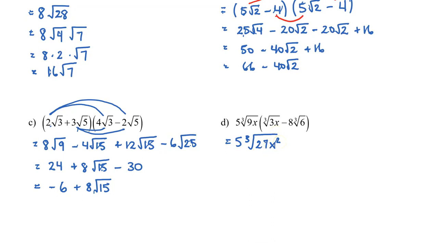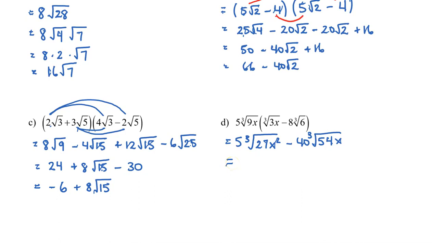And then we have 5 times negative 8, so that's negative 40. And then we have a cube root. And then 9x times 6 is going to be 54x.